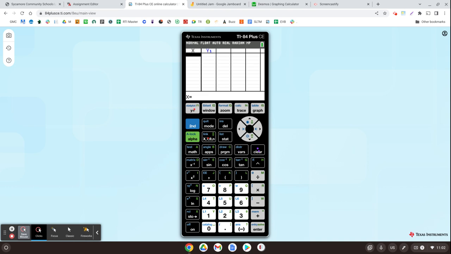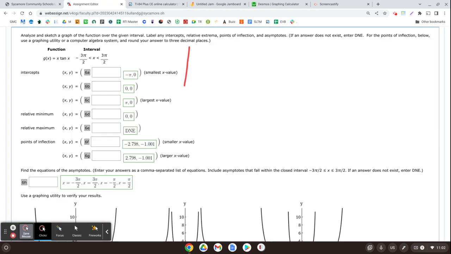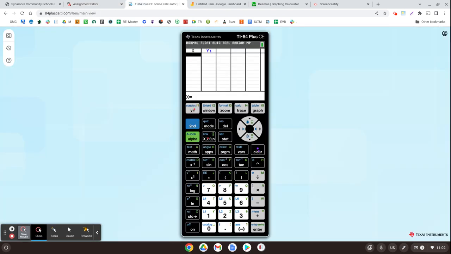And go to my table and put in the negative 2.798. And then it'll pop out the output. Hold on a second.